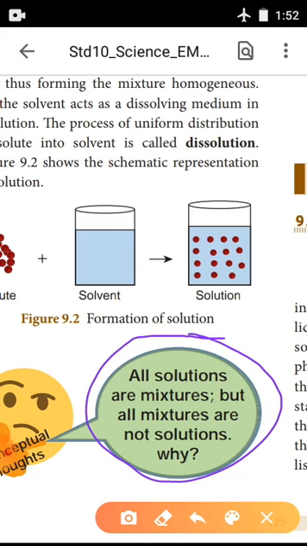But if we have a heterogeneous mixture, we cannot consider that as a solution, because a heterogeneous mixture contains many substances, but we are able to separate their components from the heterogeneous mixture, so we cannot consider it a solution.